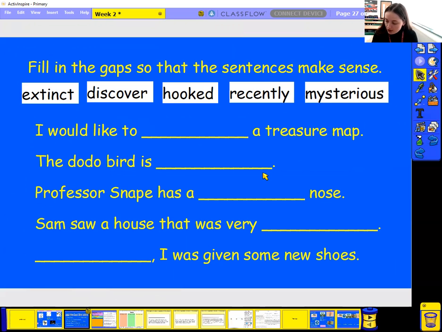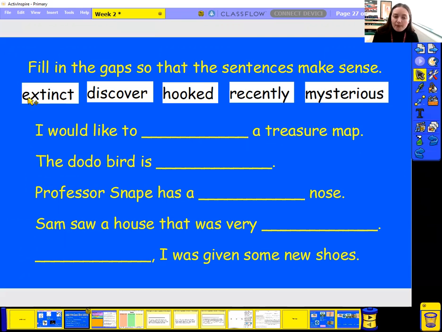If you're feeling a little bit less confident, then you can keep listening to me and we'll talk about them one at a time. Okay, so this first sentence says, I would like to blank a treasure map. What word could I put here?